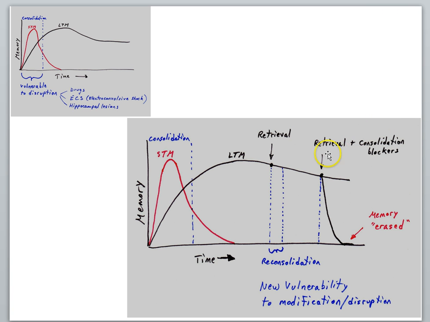And if we think back to our graph here, retrieving a memory, it has to undergo reconsolidation to be retained, which means if you retrieve and block reconsolidation, in a sense, you would be erasing the memory. Of course, it sets up a situation where memories could be erased, but also just changed and modified or distorted.